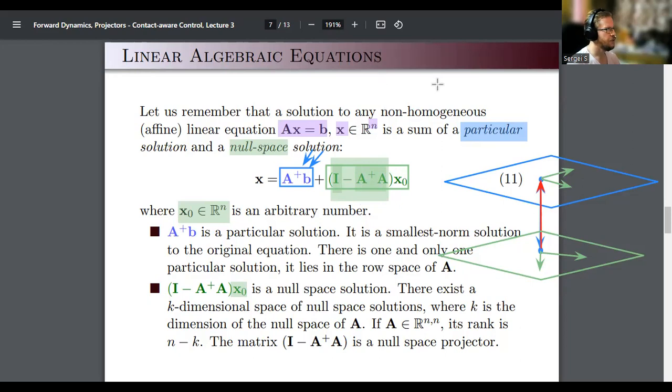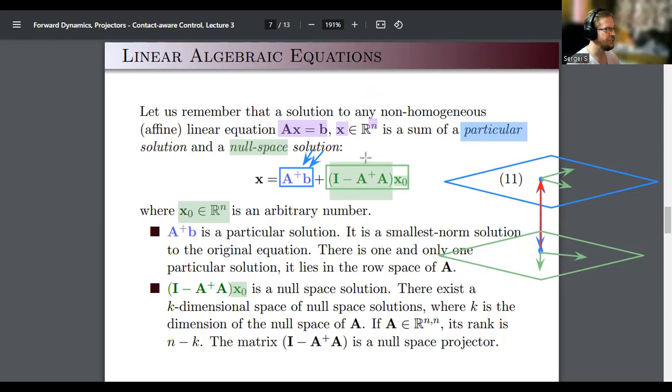Now, what this null space projector does is take any x you put in and put it in the null space. And anything that is in the null space of A is a null space solution. But please remember that without a particular solution, no solution exists.